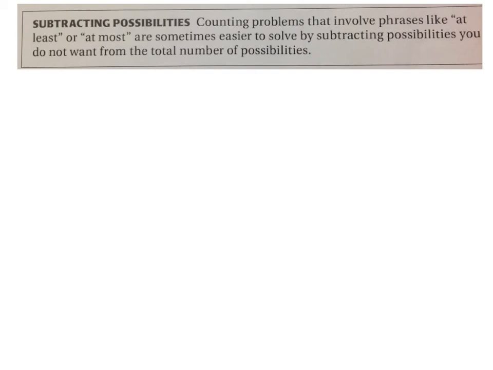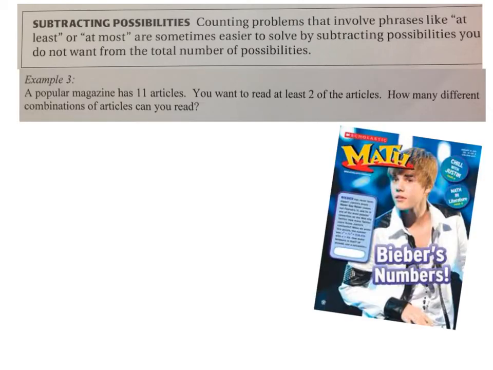For example, a popular magazine like Math Magazine has 11 articles. This has got Justin Bieber on it. It's so awesome. Alright, you want to read at least 2 of the articles. How many different combinations of articles can you read? So based on the problem we just did, we say, okay, well this is at least 2, so we could read 2, or 3, or 4, or 5, or 6, or 7, or 8, or 9, or 10, or 11, because there's 11 total.